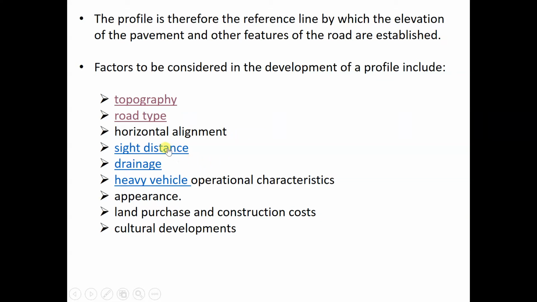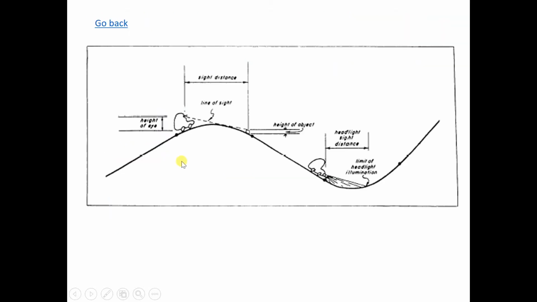Sight distance, we need to consider the sight distance. Sight distance is essentially to stop before any hazards, any things on the road, or also for overtaking as well. If you want to overtake, you make sure you're able to see any hazard in front.